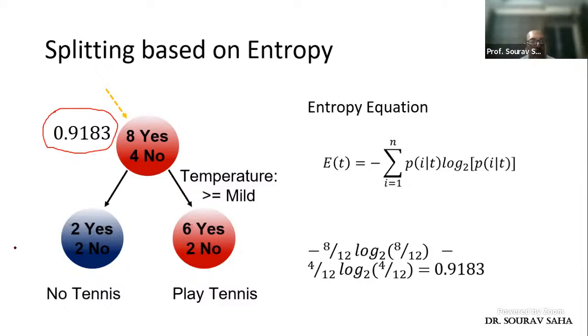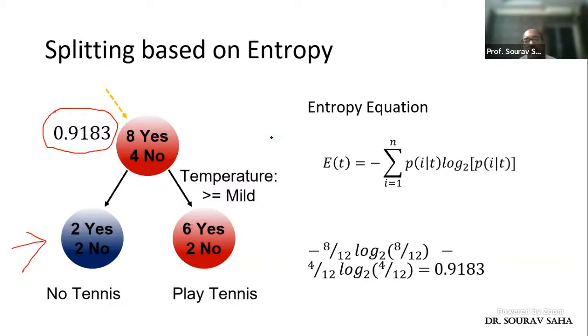Come to this one. Can anyone tell me the impurity value of this one, from the formula that we just did, using entropy? Can you tell me the entropy value of the left-hand side? Anyone? Cora gave the answer 1.